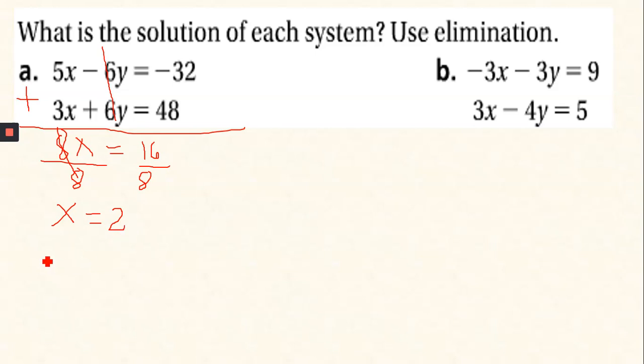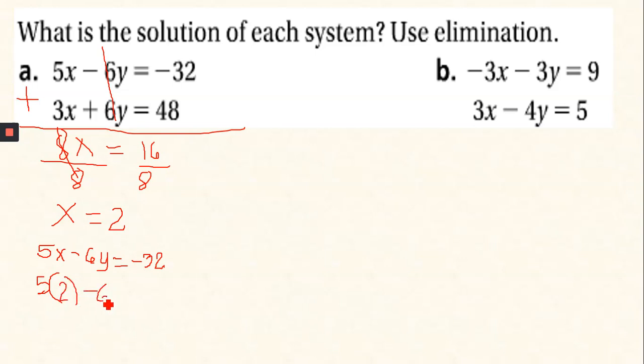Okay? We're done with the value of x. This time, we're going to find for the value of y. You can use either equation 1 or equation 2 to find for the value of y. So in here, I am using equation 1. 5, your x is positive 2, so substitute it.